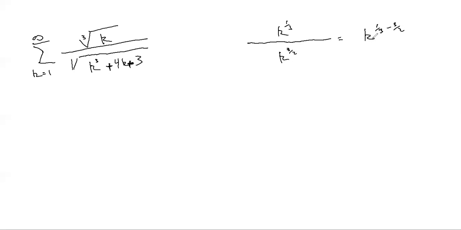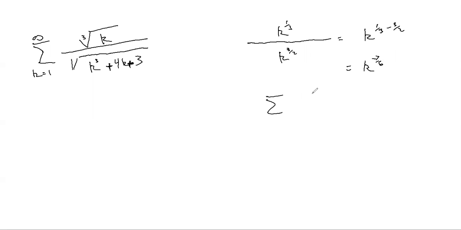So let's see, 1/3 minus 3/2. What is that? If my mental math is correct, that should be k to the negative 7/6. Let me double check that. Yes, that is correct.